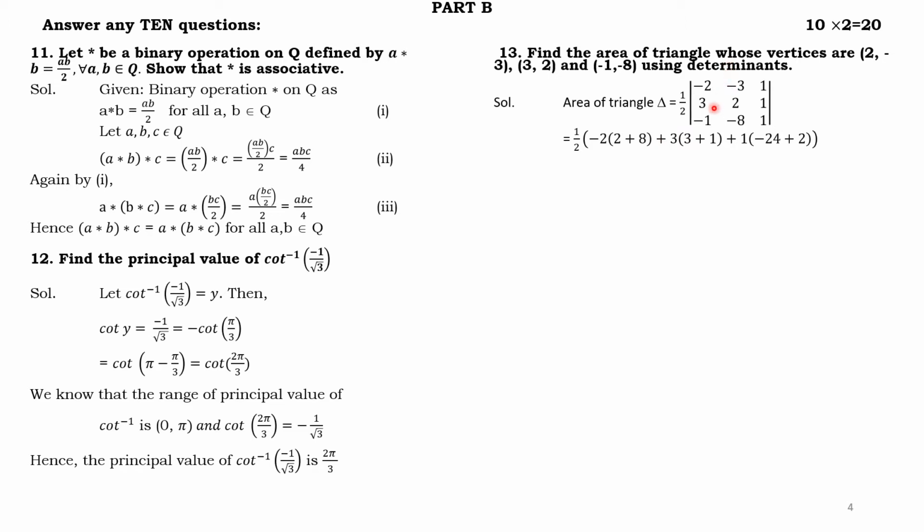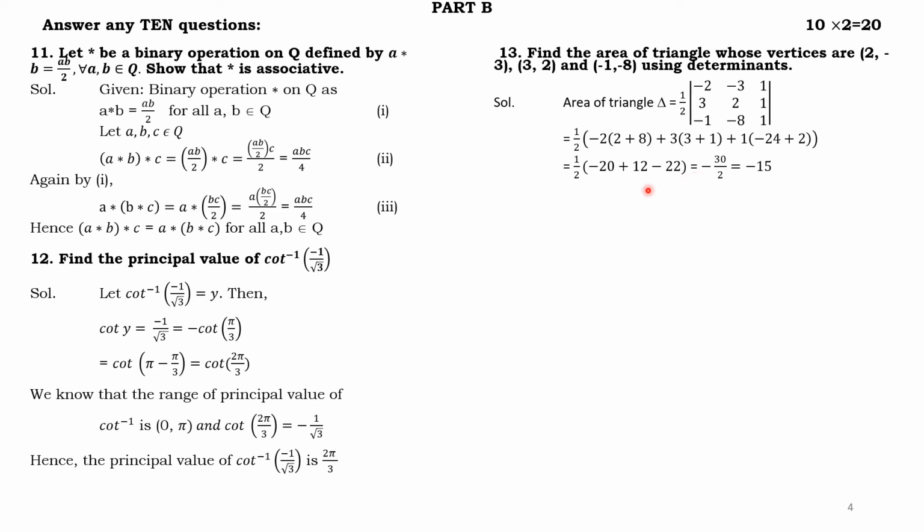Outside minus 3 and inside minus 3 plus 3 into, you cancel the second column and first row, you get 3 into 1 is 3, minus of minus is plus 1. Therefore, it becomes plus 1 plus 1 into minus 24. That is 3 into minus 8 is minus 24. Then minus of minus is plus into 2. So, now we will simplify.